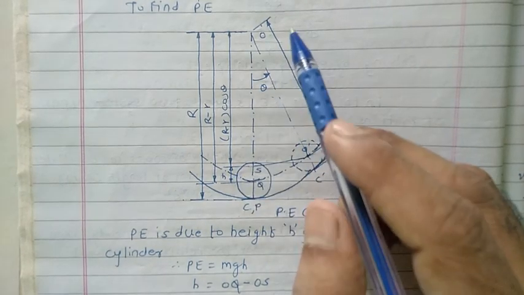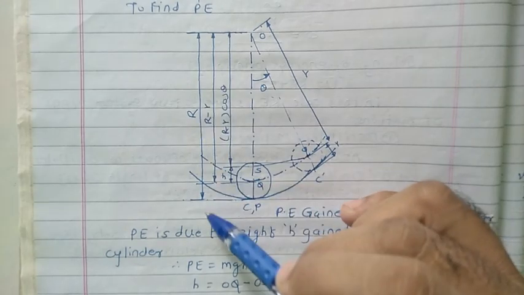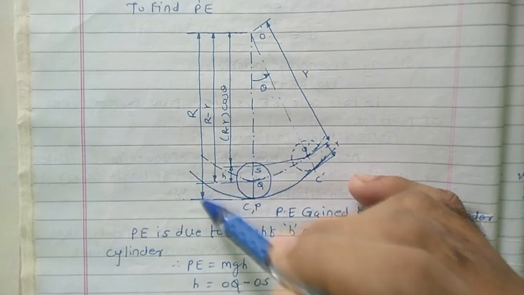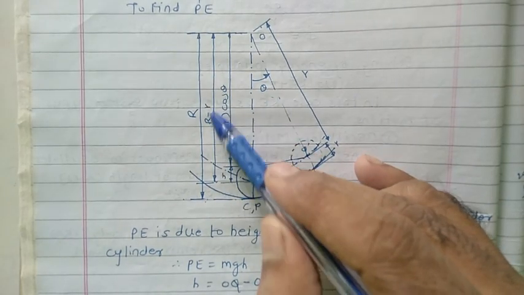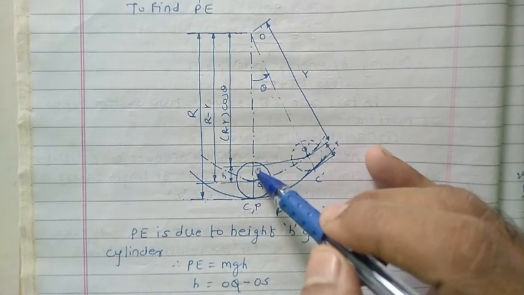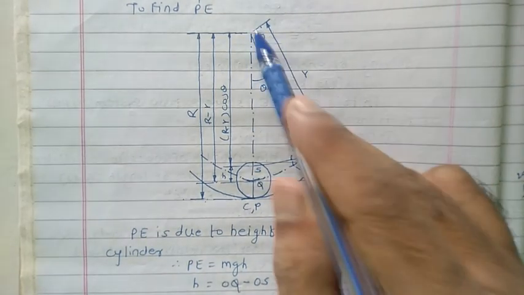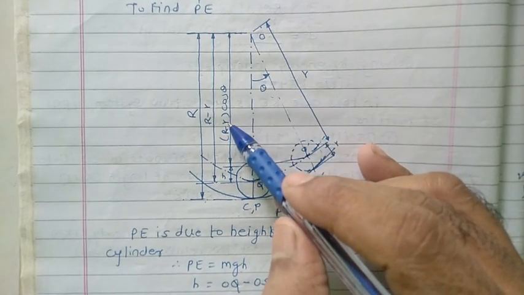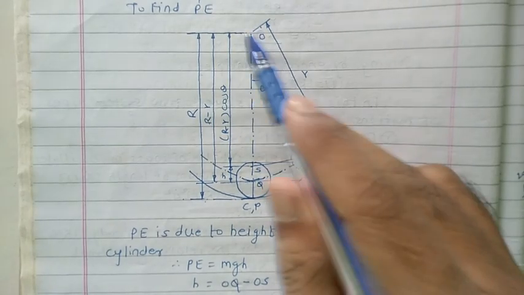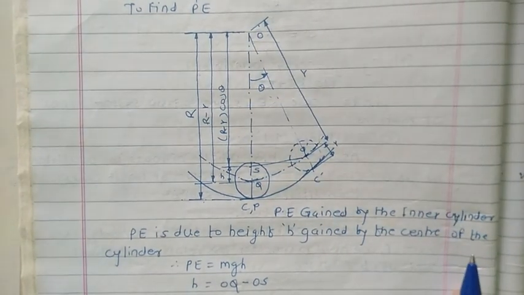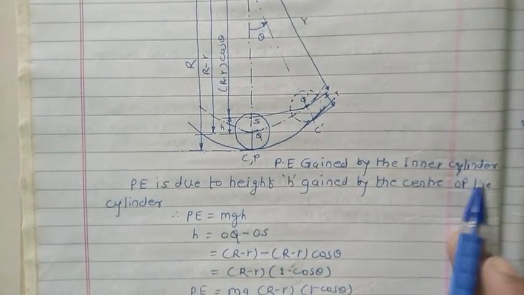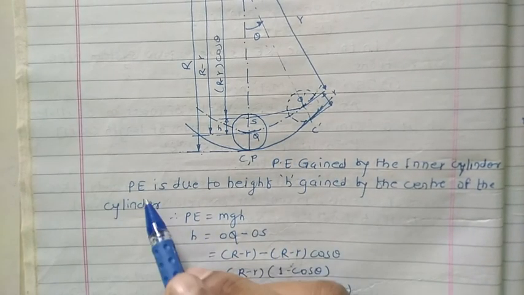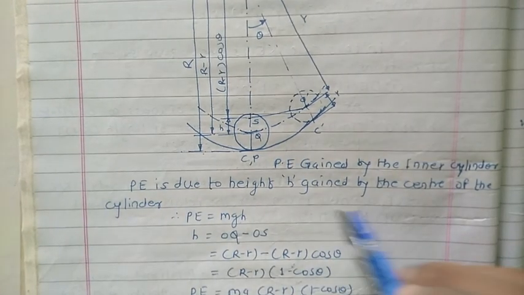Other relations we already have: this distance indicates the capital R, this distance is nothing but the difference between capital R and small r. So this we can get from this small triangle here. Okay, what's about this distance? This distance is nothing but capital R minus small r into cos of phi. We consider this triangle. Okay, so potential energy gained by the inner cylinder because of the height h gained by the center of the cylinder.